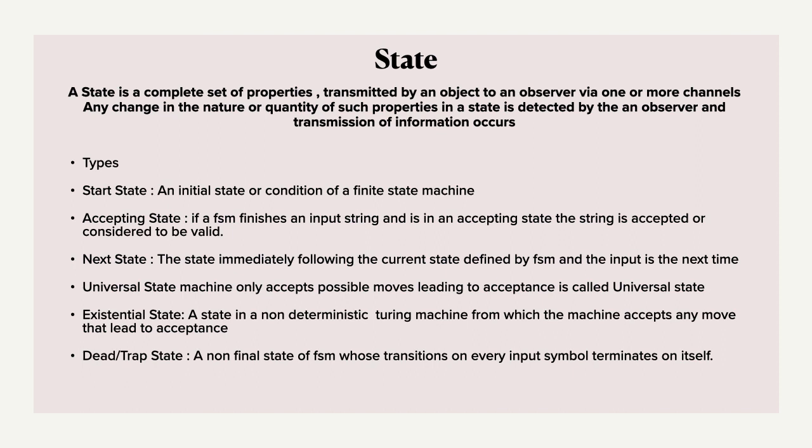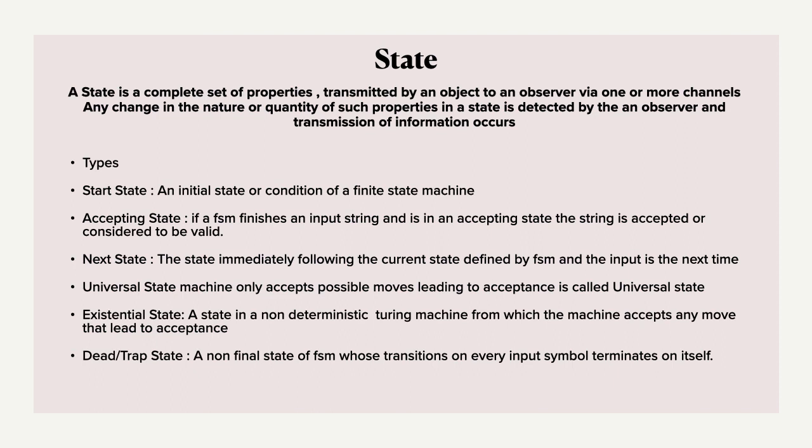Okay, so we have the state, and we have a start state, accepting states, next states, universal states, and dead states. There are a lot of things about states, but I am not talking about them today because we will learn them practically. So we will see.